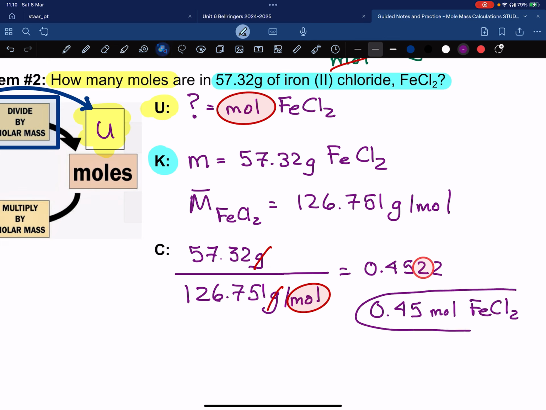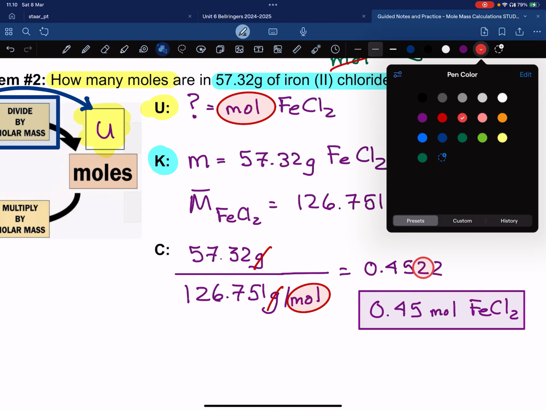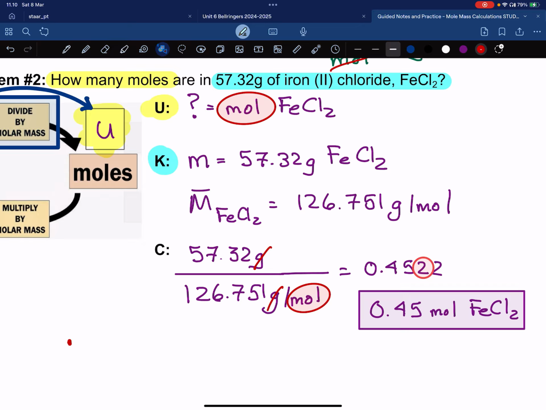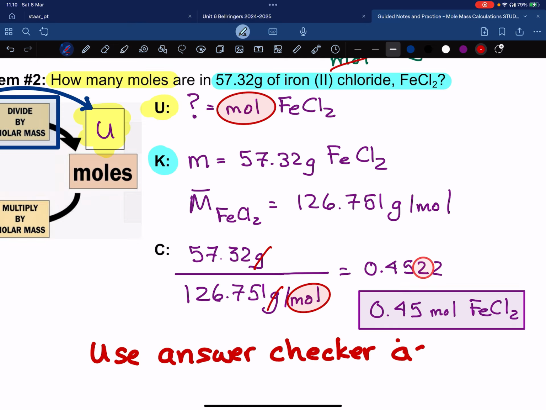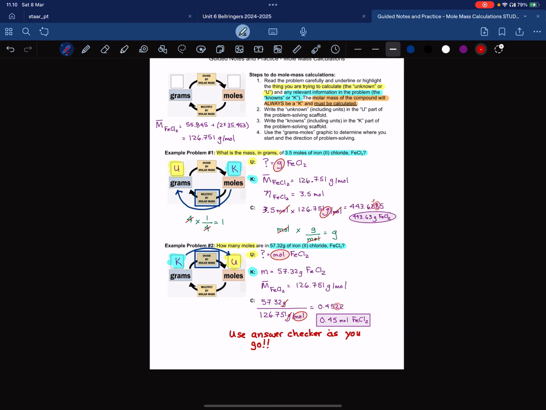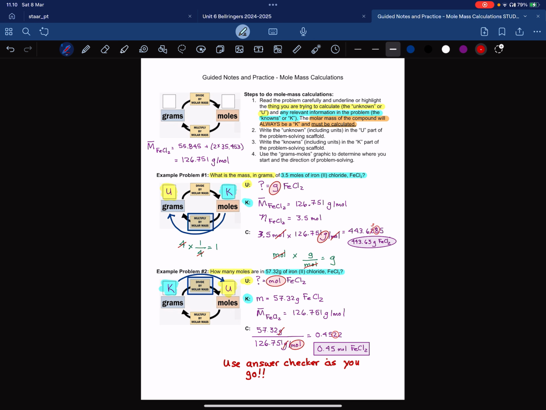Now, when you start doing these, remember that you must use the answer checker in Canvas as you go. If you have done number 1, you should check number 1 before you move on to number 2.